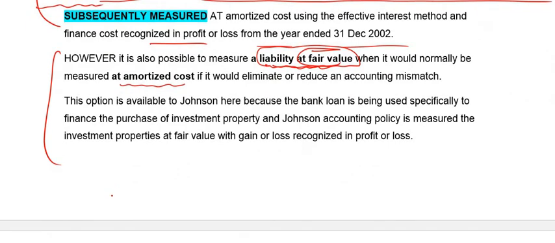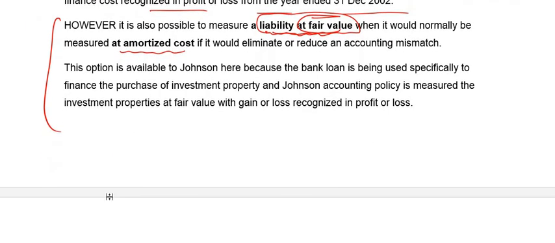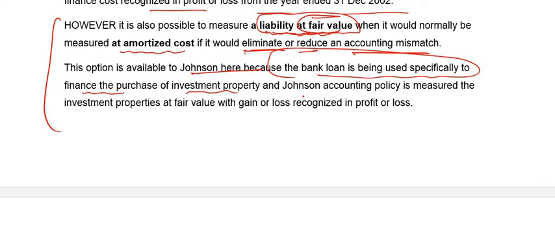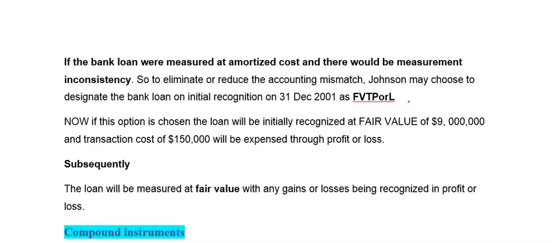But here we have a case, and the case is that we have to eliminate, or if we cannot eliminate then reduce, the accounting mismatch. This option is available to Johnson because the bank loan is being used specifically to finance the purchase of investment property, and Johnson's accounting policy is that investment property is measured at fair value to profit or loss, with the gain or loss recognized in profit or loss. Fine. So we can also measure the bank loan at fair value.